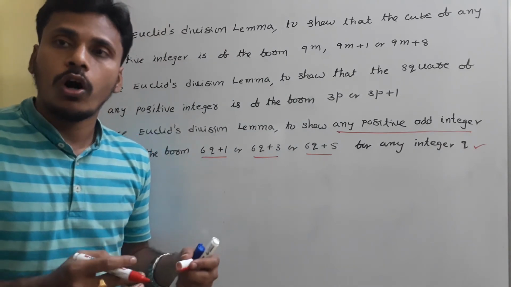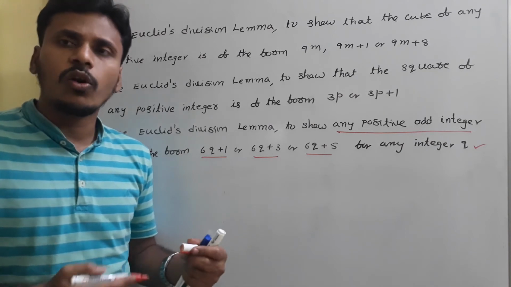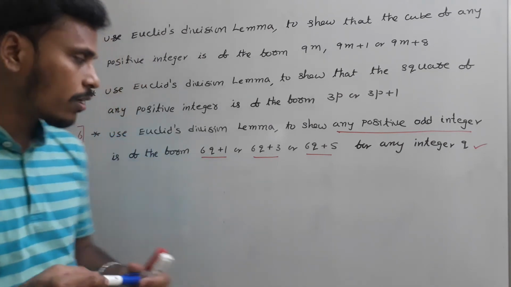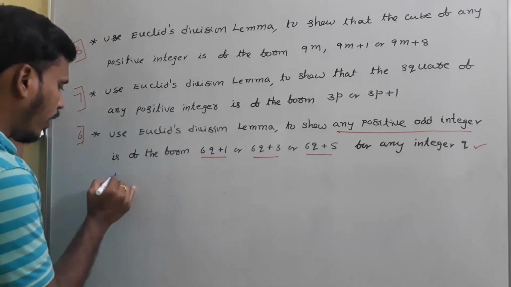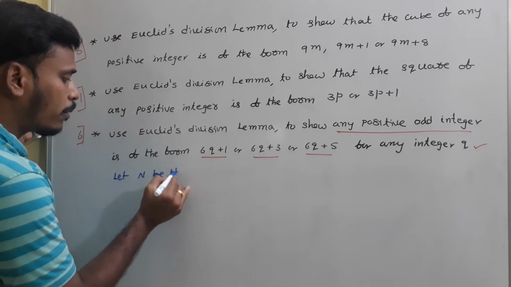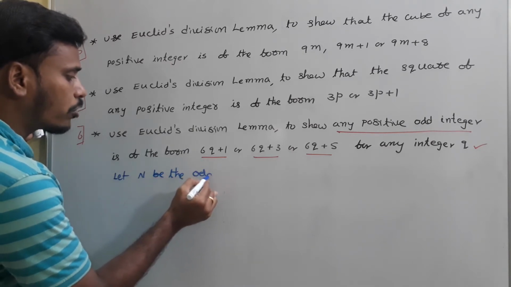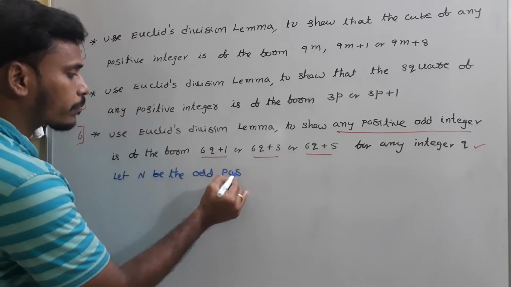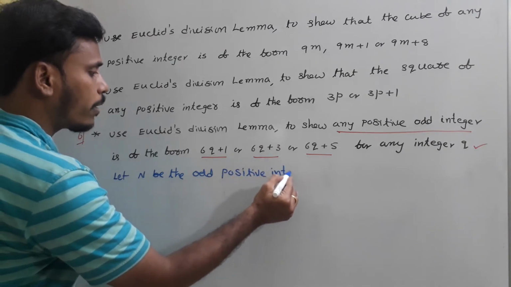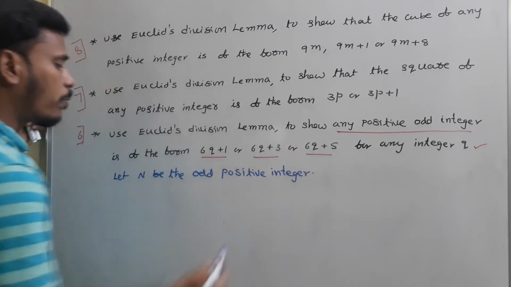A positive odd integer. Since we are going to prove a property based on an odd positive integer, at first you need to let n be the odd positive integer. We are going to prove the property based on this n.